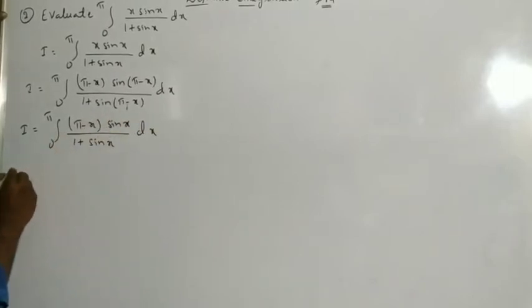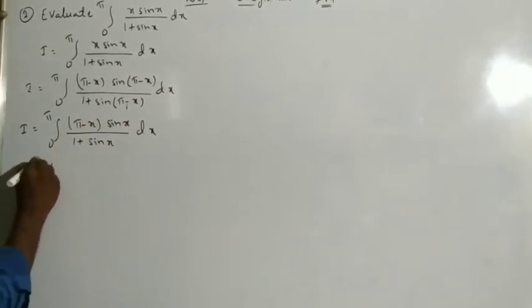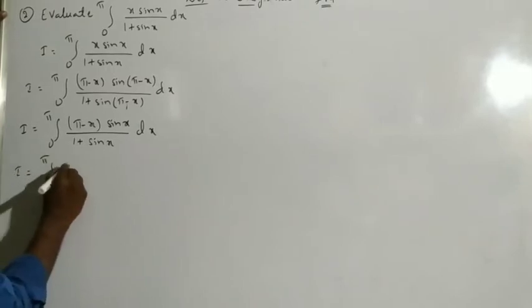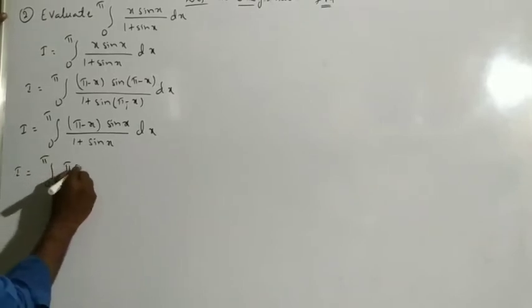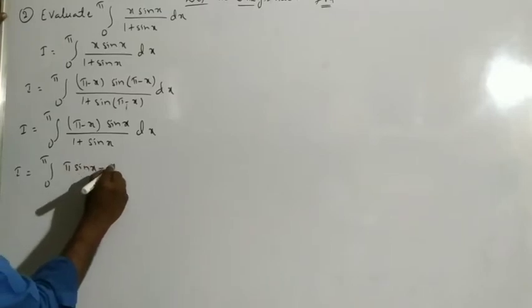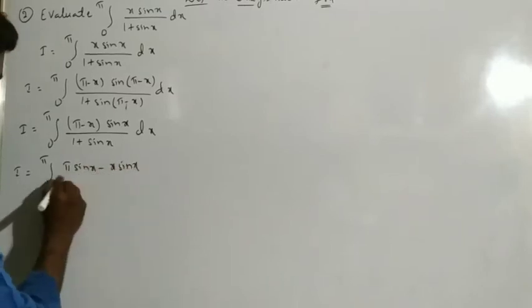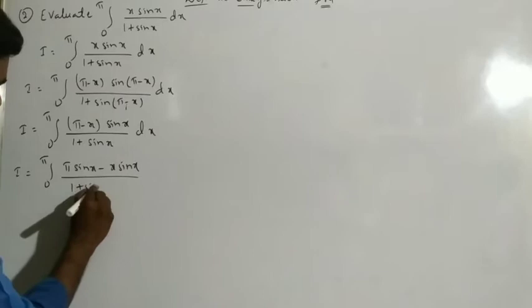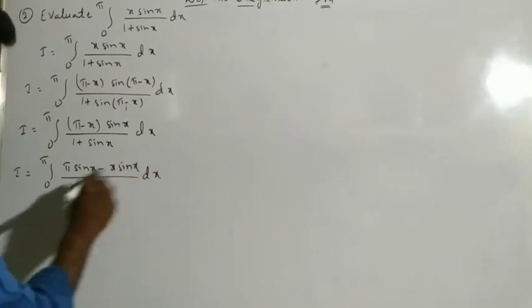And when I take separate here, I equals integral 0 to pi of pi sin x minus x sin x by 1 plus sin x dx.